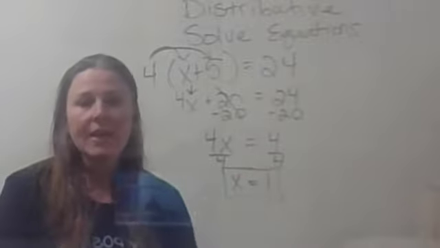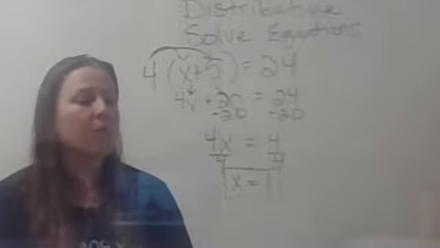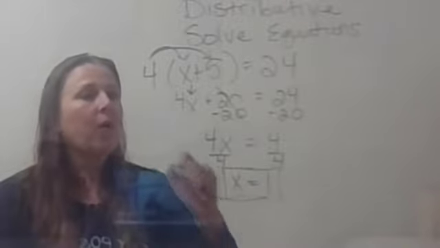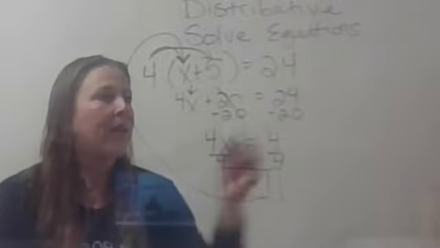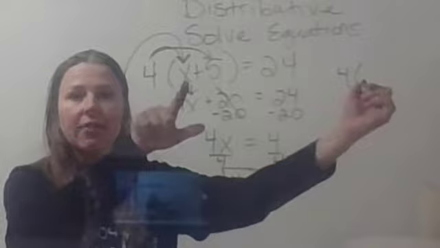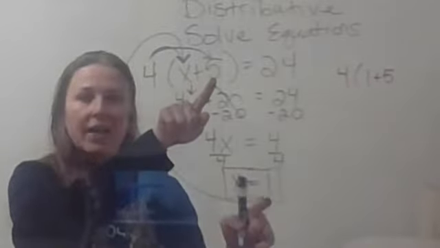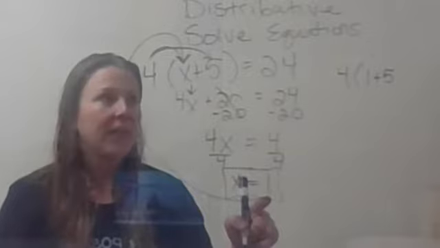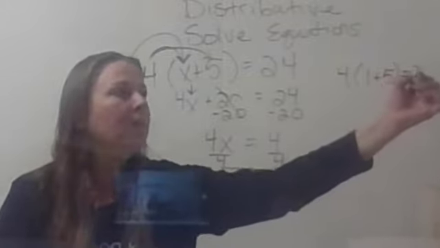Now, the great thing about this unit is you can go back and check to make sure you did this problem right. So we're going to take 1 and plug it back into that x and just make sure we're right. So 4 times, instead of x, we're going to put a 1 in there. So 1 plus 5, 1 because that's our answer right here. And the question is, does that equal 24?